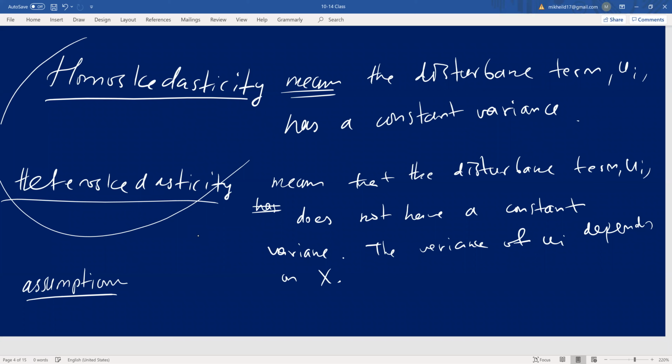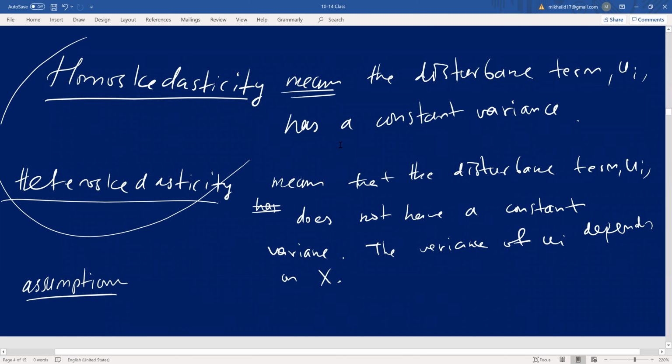Why are those assumptions? Can you tell me? Let me ask you, will we ever be able to know whether the disturbance term has a constant variance or not?